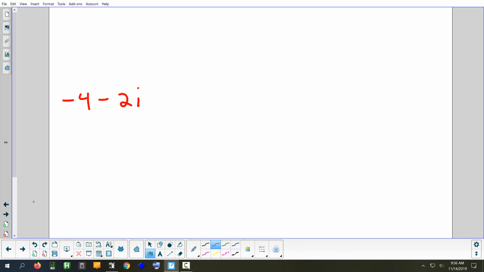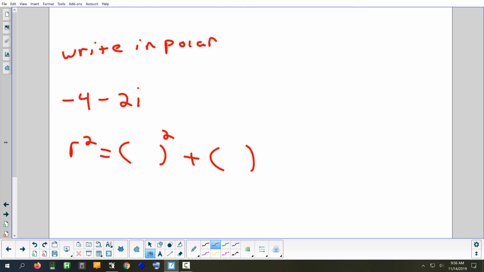You still have to add 180 to get the angle. That's fine. It's not going to be a nice angle though, so we're going to round this off. So there's your point, right in polar. R squared equals. Let's fill that in. What's going to go in the first parenthesis? And Courtney, what's going to go in the second parenthesis? -2. Just -2.